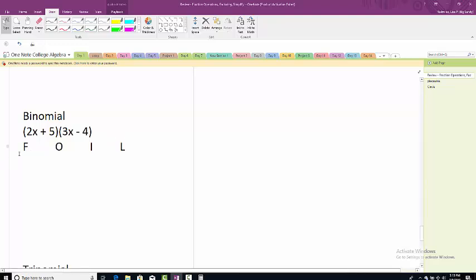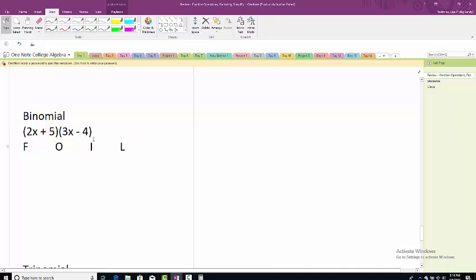So the F in FOIL is first, O is outer, so first terms, the 2x and the 3x, first in each parenthesis. Multiply them together. O, outside, 2x and 4, minus 4 on the outsides of the parentheses. Inside is your 5x and 3x, and last is the ones that are last in each parenthesis, which is 5 and negative 4.